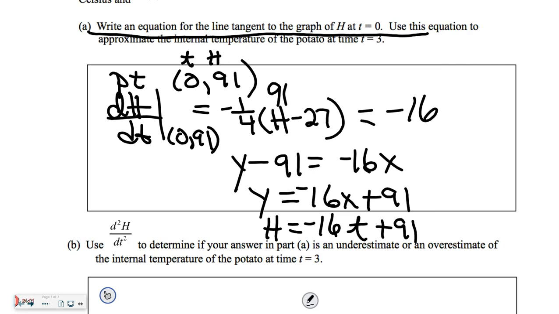Am I done with the question? What do you think, Harrison? What does it say to do? Yeah, I'm supposed to use the equation to approximate the internal temperature at time 3. So I need to plug a 3 in. Negative 48 plus 91, what is that? Without a calculator. Negative 48 plus 91.